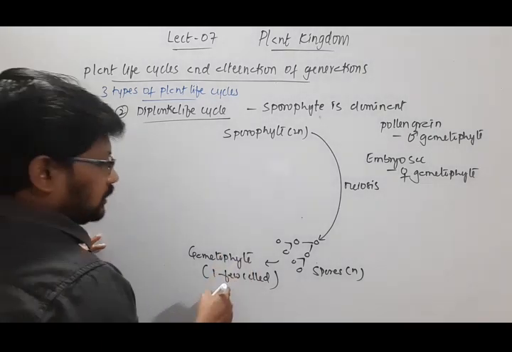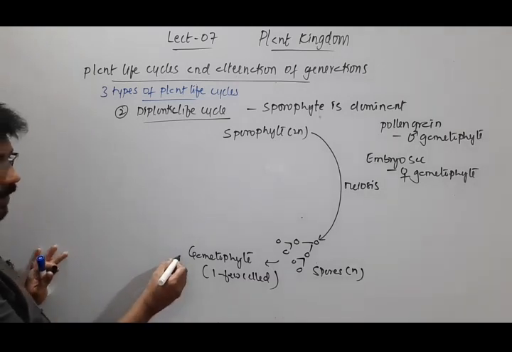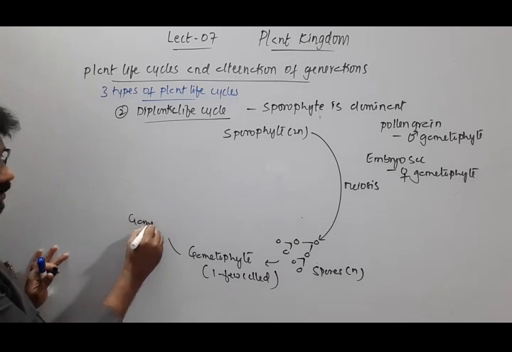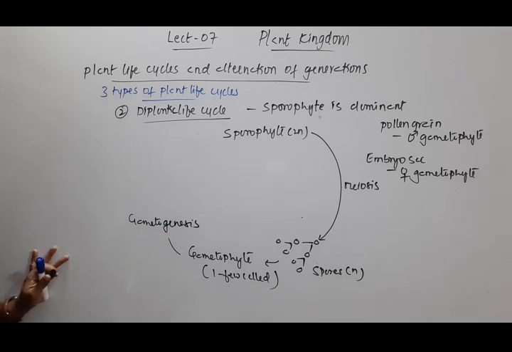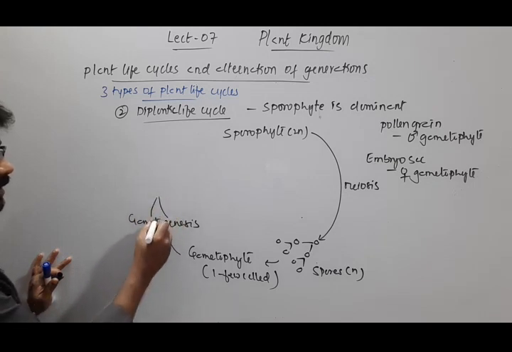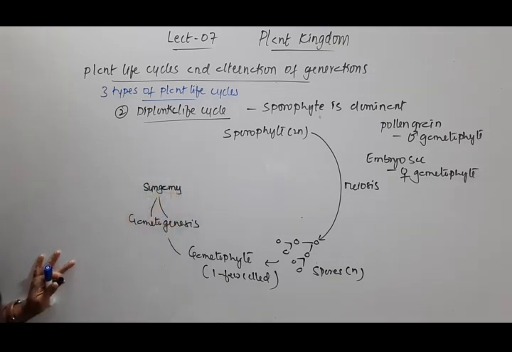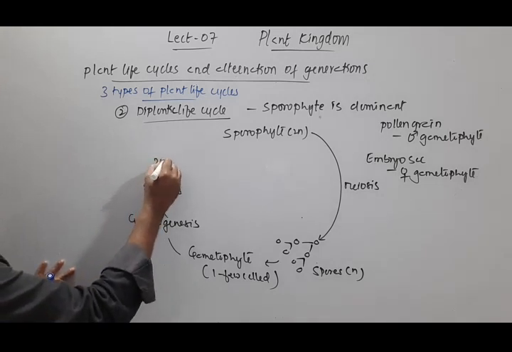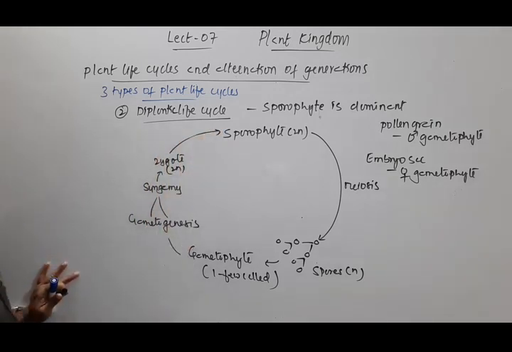That's why I mentioned the gametophyte will be at one to few cell stage. This gametophyte, by the process of gametogenesis, is going to produce the male and female gametes, and they undergo syngamy, so fertilization, and that results in the formation of zygote, that will be 2n, and that will become the sporophyte.